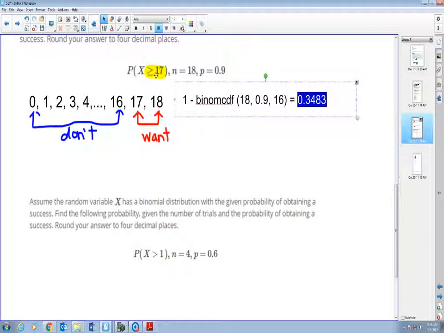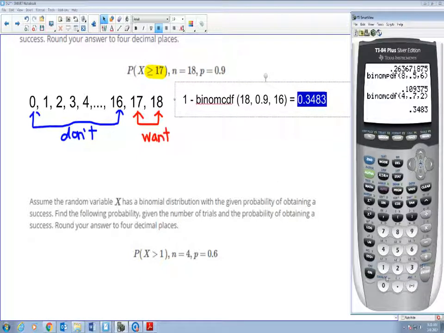Alright, so this problem wants me to find greater than or equal to 17. So what I want is 17 and 18. To figure out what I want, we figure out what we don't want and subtract it from 1. And I have to do it this way because the CDF is actually adding up from 0 all the way up to the 16.